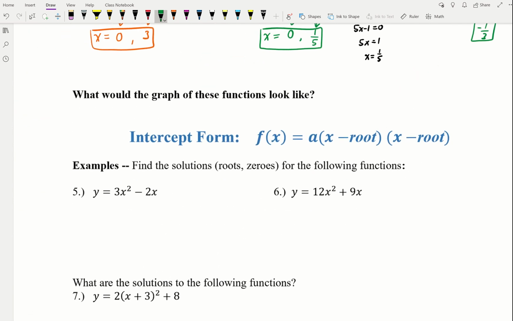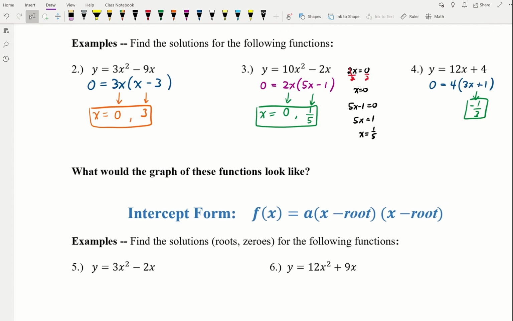All right, moving on. It says, what would the graph of these functions look like? And one of the things we're trying to do is build the idea that there's a relationship between the solutions and certain characteristics of a graph. For example, these graphs, as we learned in chapter 4, are quadratic, meaning they're going to be a parabola.